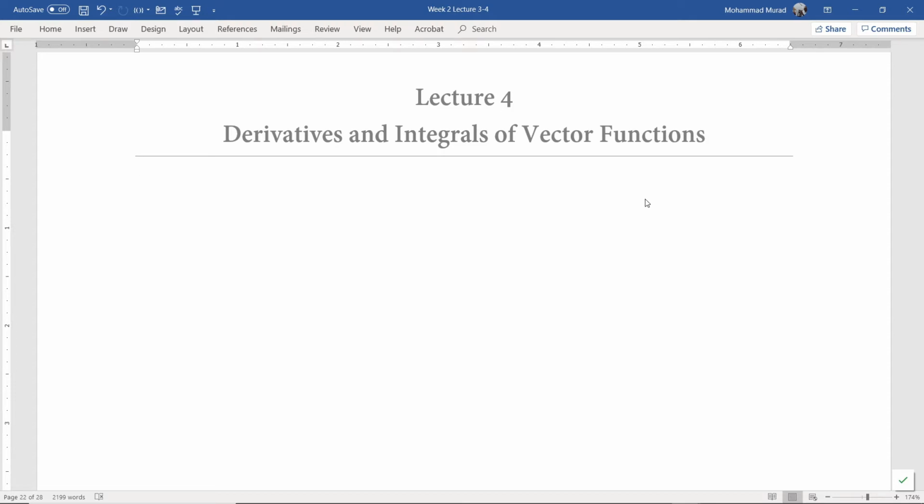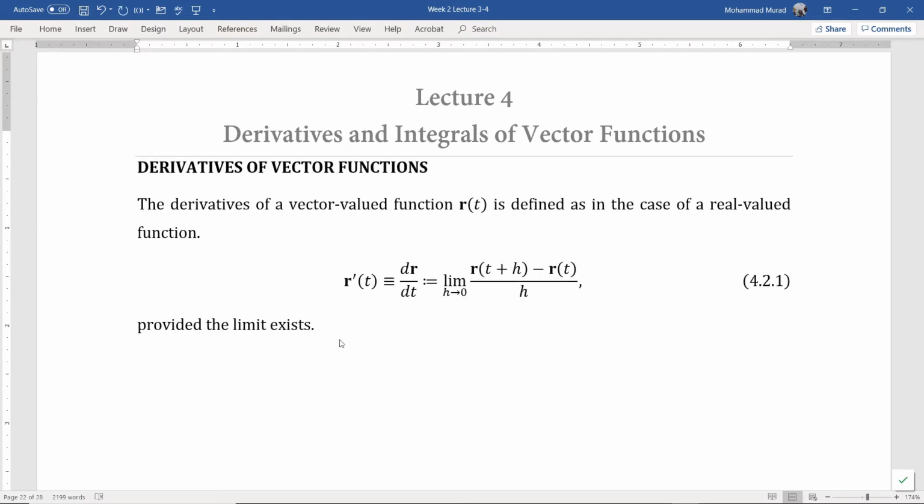In this section, we will discuss the derivatives and integrals of vector functions. The derivative of a vector-valued function r of t is defined as in the case of a real-valued function.